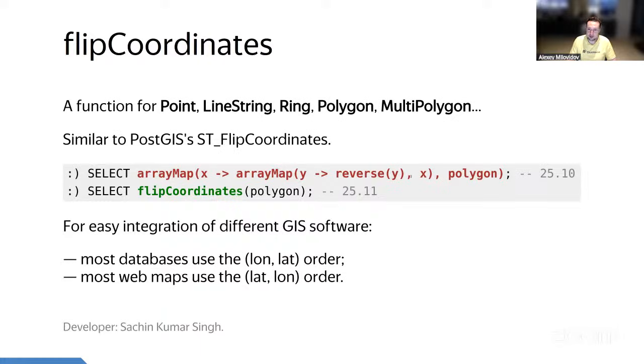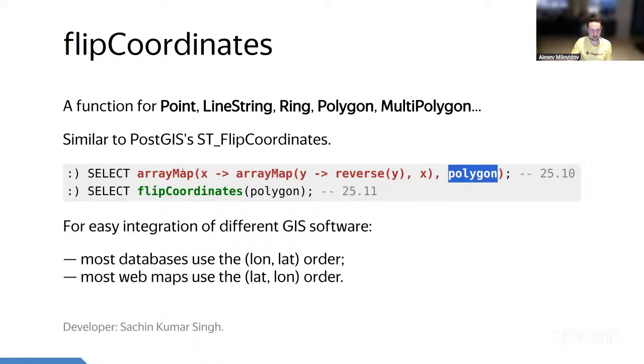For example, a polygon is represented as an array of arrays of points, where the first array is the outside boundary of the polygon, and subsequent arrays are holes inside this polygon to cut. So it's like two-dimensional arrays.